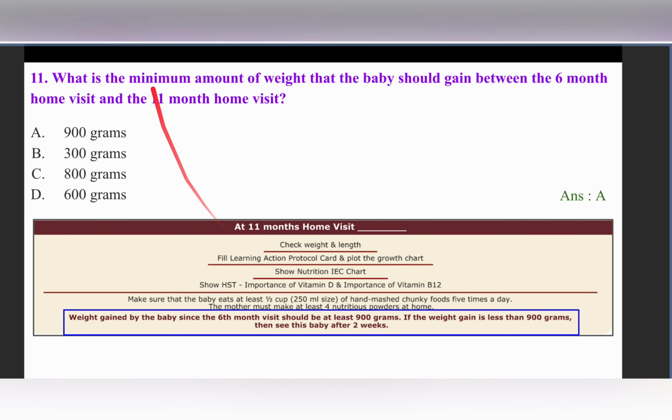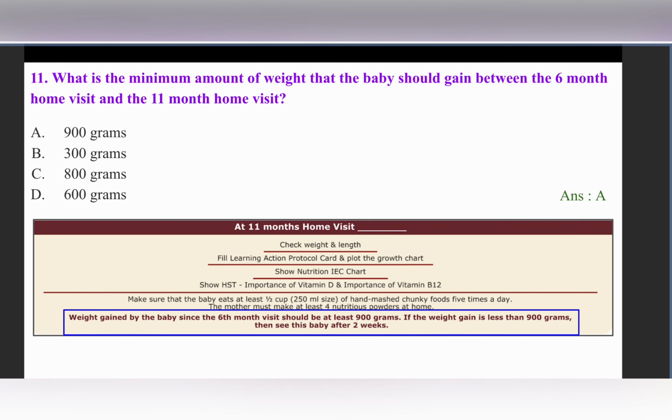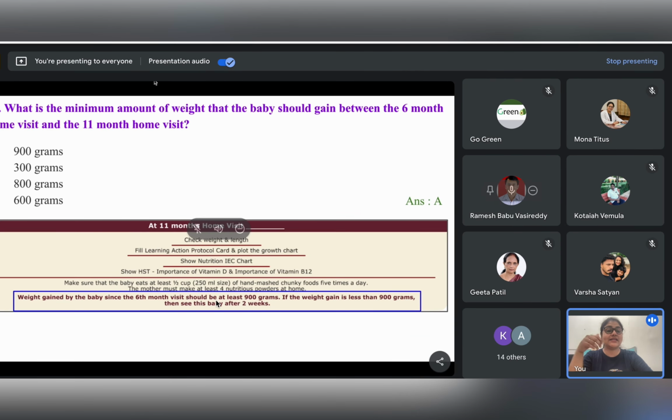So similarly, as we can see, at 11-month home visit, we need to definitely check the weight and length of the baby, and also it is important to inform the mother regarding the different nutrients. As we can see, there is a mention of vitamin D and importance of vitamin B12. So why these nutrients are important both for the mother and for the baby, right?